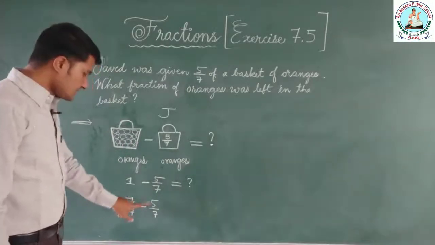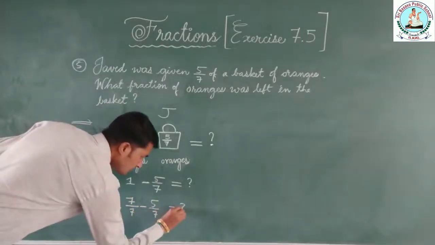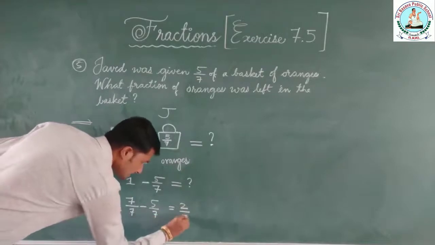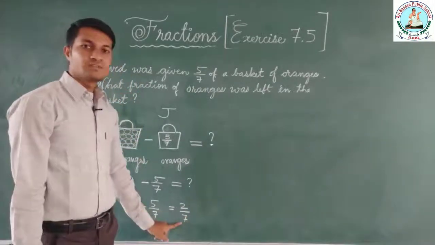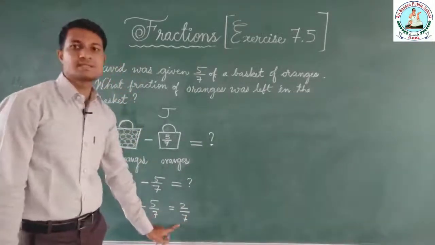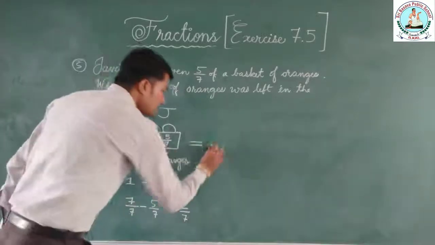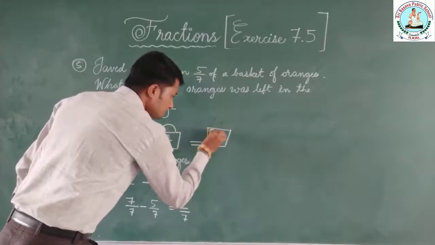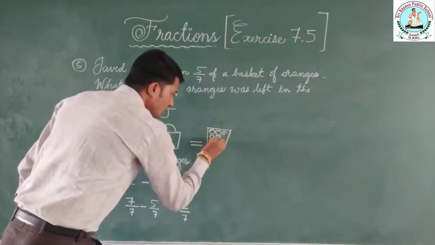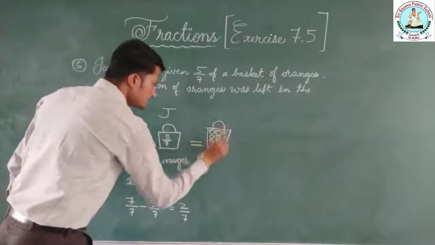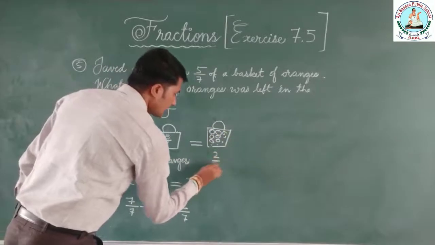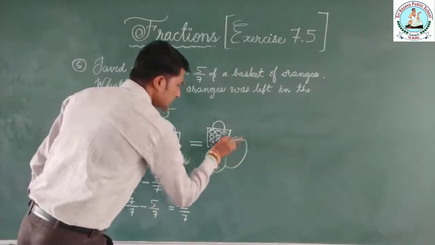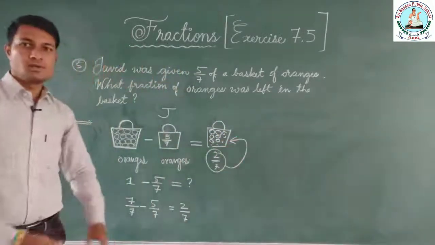So 7 minus 5 will be 2 and it is 7 as it is. So 2/7. So this is the fraction of oranges which is left in this basket. What fraction of the oranges? That is 2/7. So this is how we can solve the problem.